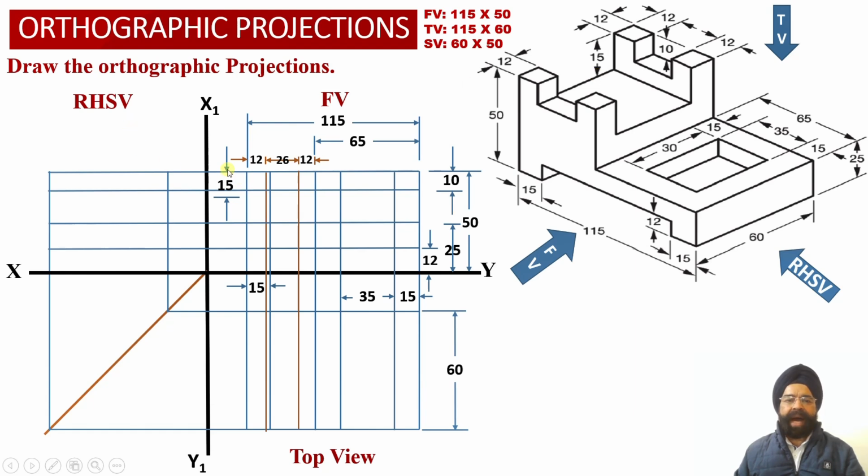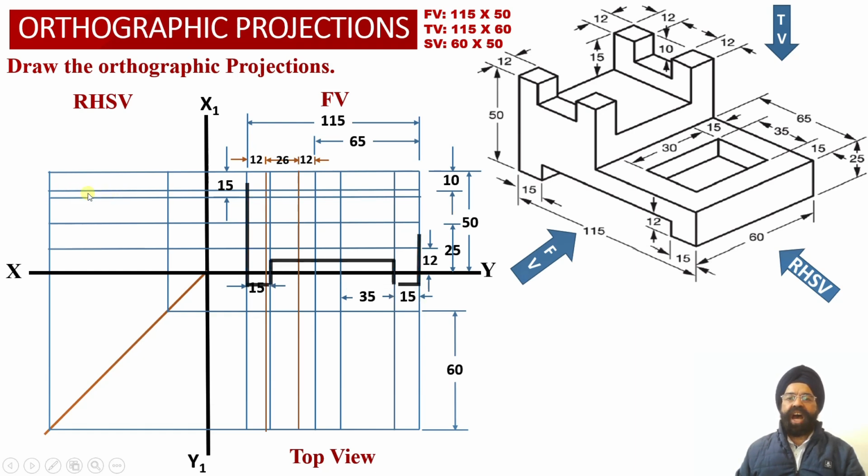So now here we have marked a distance of 15 millimeter from the top surface of the solid, so that this horizontal surface corresponding to element number 2 we are able to locate into the front view projections over here. So once we have marked this distance of 15 millimeter below the top surface of the solid, we have drawn a horizontal projector line into the front view projections at a distance of 15 millimeter from the top surface, and we have extended this horizontal projector line into the right hand side view projections over here.